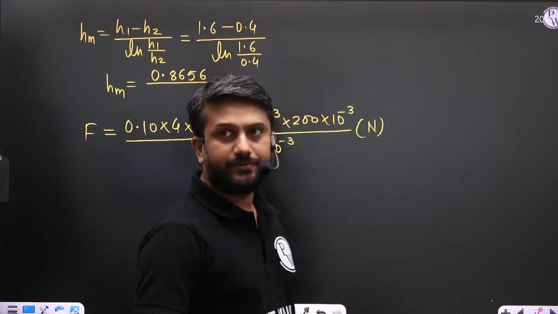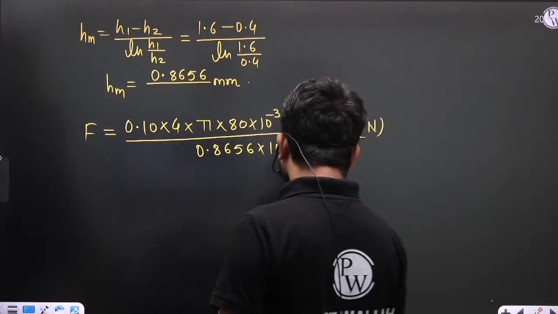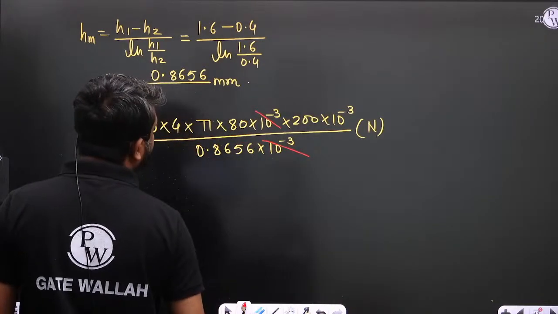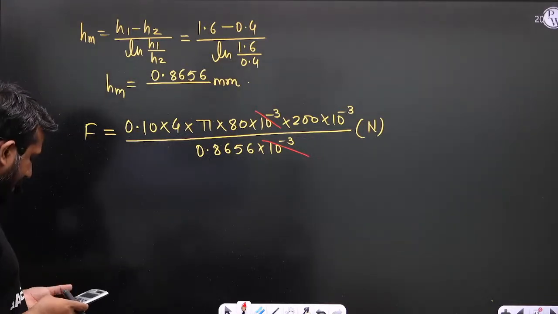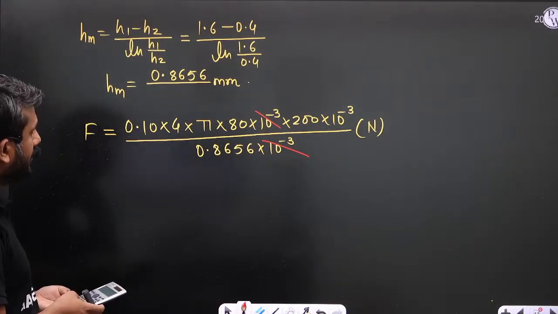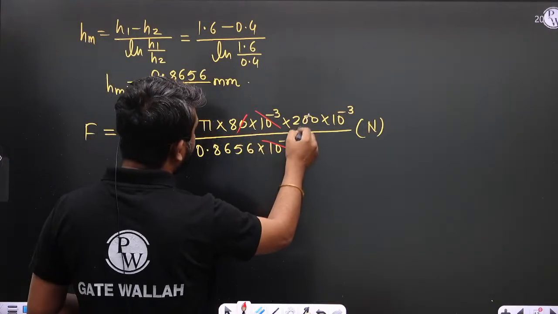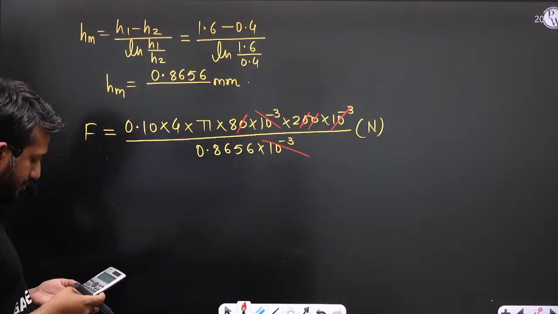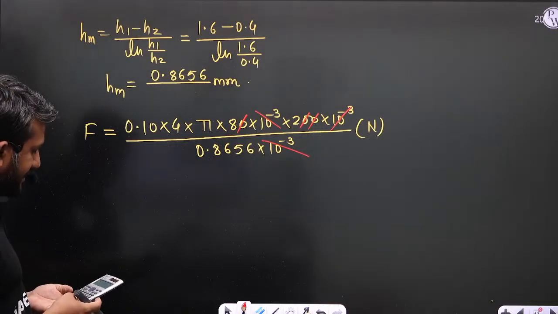So tell me, what is the answer that you are getting? The 10 to the power minus 3 terms cancel out. So this is 0.10 into 4 into pi into 80 into 200, divided by 0.8656.